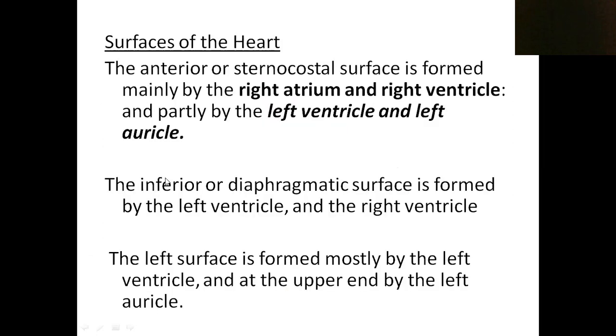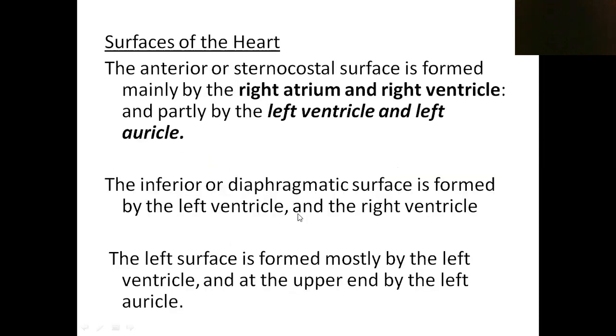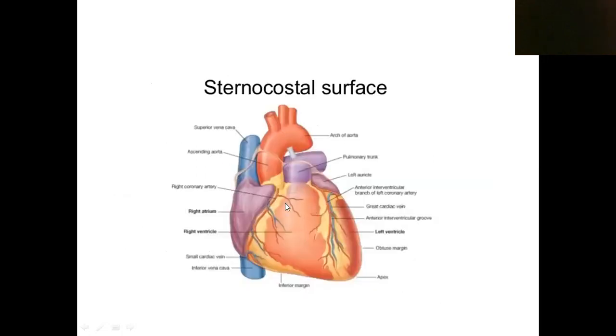Now the surfaces. It has three surfaces: anterior or sternocostal surface, then inferior or diaphragmatic surface, then left surface. The anterior surface is formed by the right ventricle, right atrium, left ventricle, and left auricle. We'll see that. See this one. This is the right ventricle.